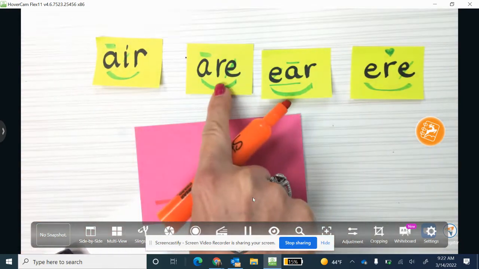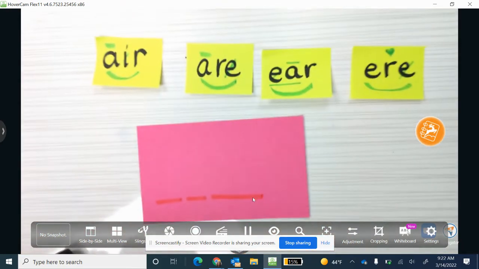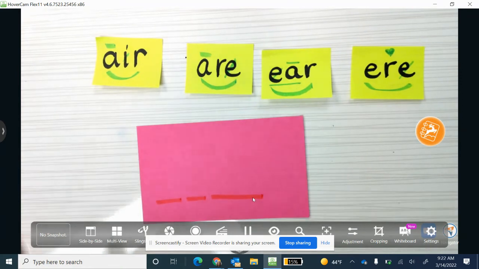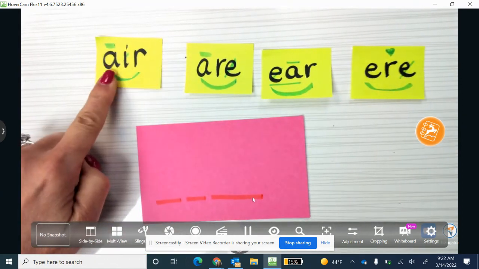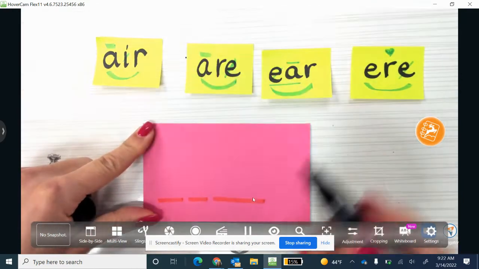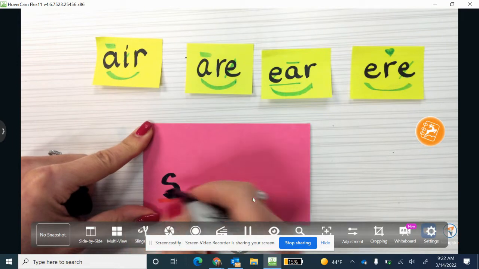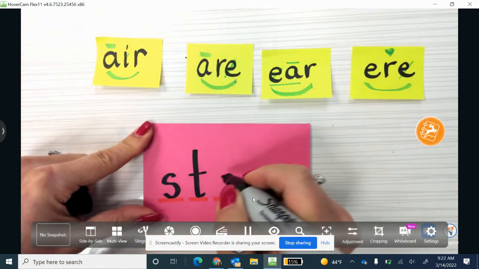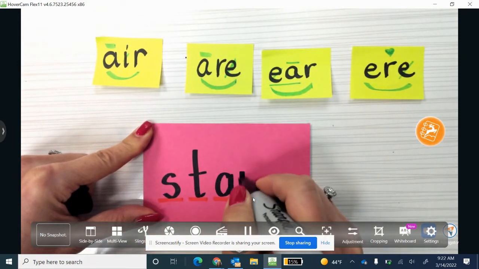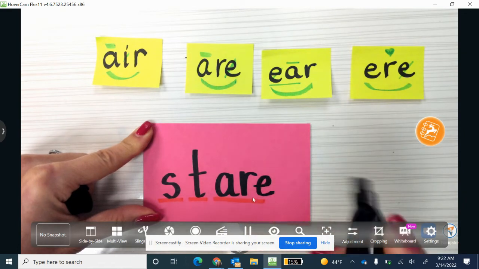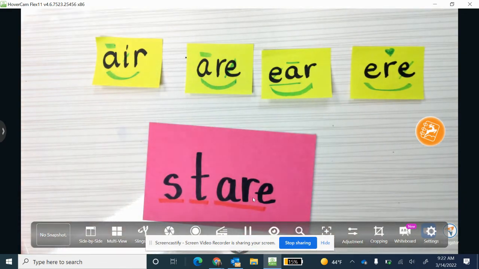Okay, we are going to use the A-R-E for this one. Now, we've been talking a lot about homophones. There is another type of stare spelled differently. Let me get through this one first. Stare means to look for a long time. Air. Okay, we are using the A-R-E.